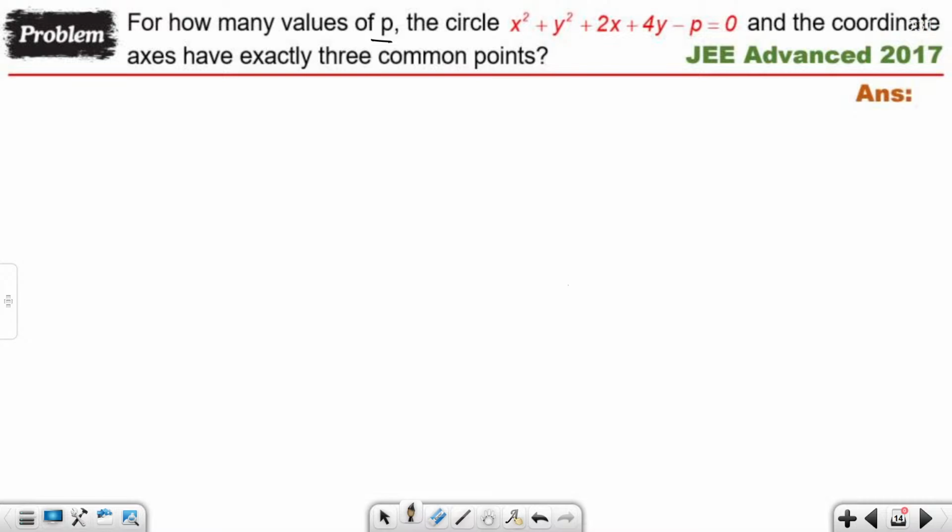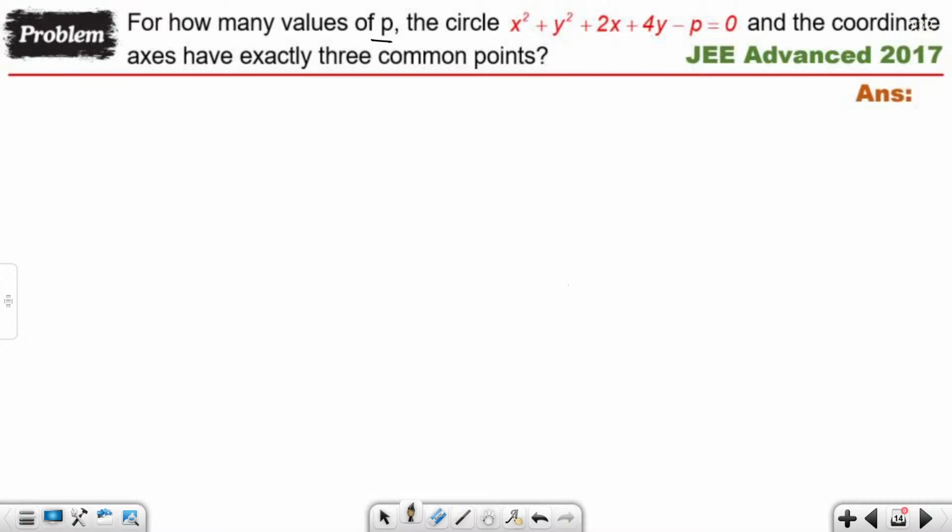They will definitely give you a problem mixed with something, or select problems in such a way that it will be the reverse of the conventional thing. So far, whatever sums we have done, we were dealing with the constant term of the general equation of a circle. Now they have asked how many such p's are possible. Getting my point? That's your Advanced.